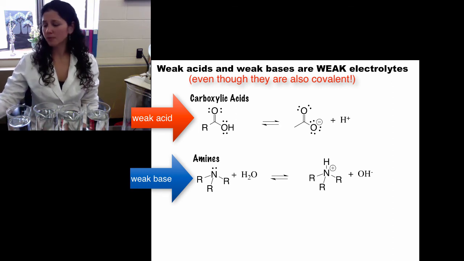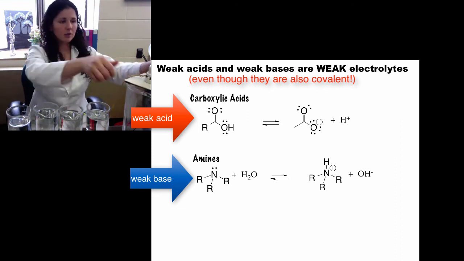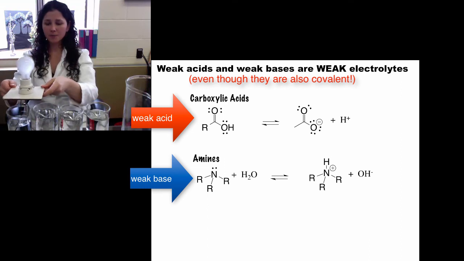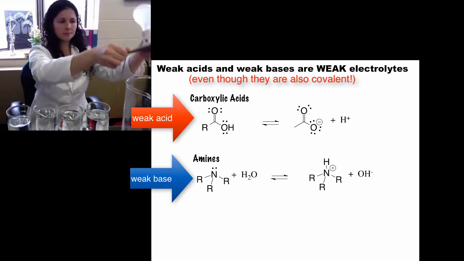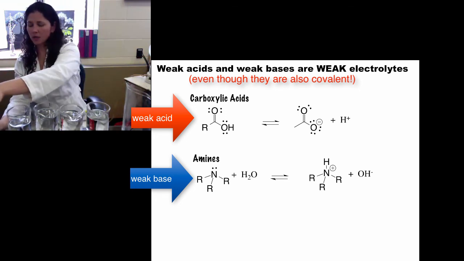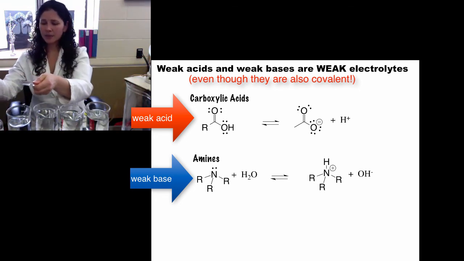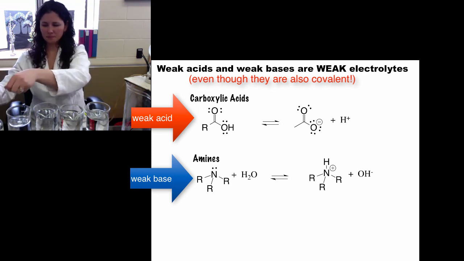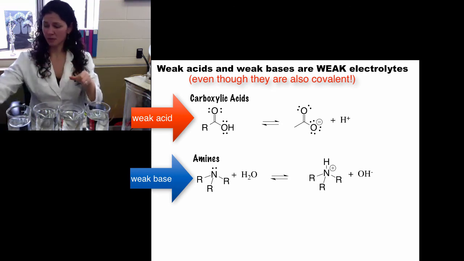Let's do an example. Here I have glacial acetic acid, and I have one last beaker of deionized water. The deionized water does not conduct electricity. I will add a nice big squirt of the glacial acetic acid. Oh, it stinks.